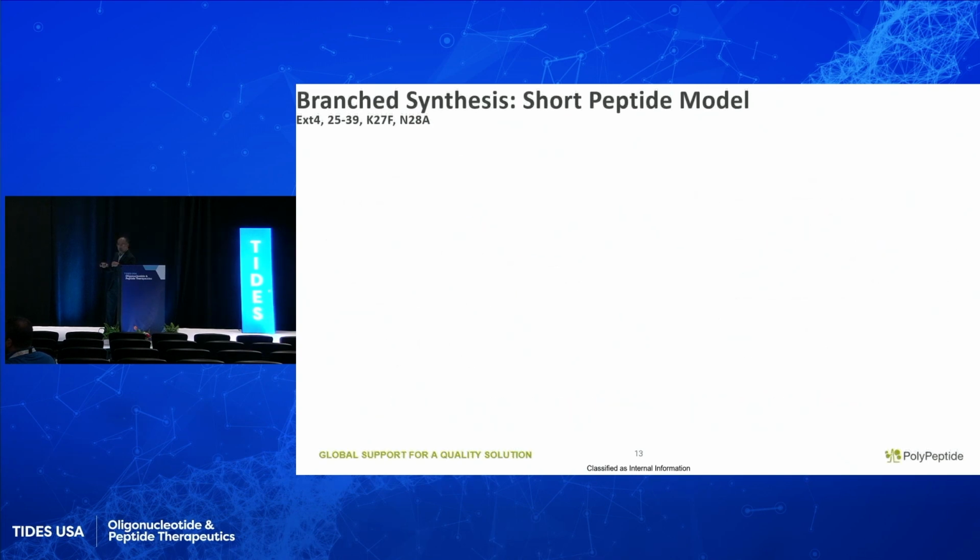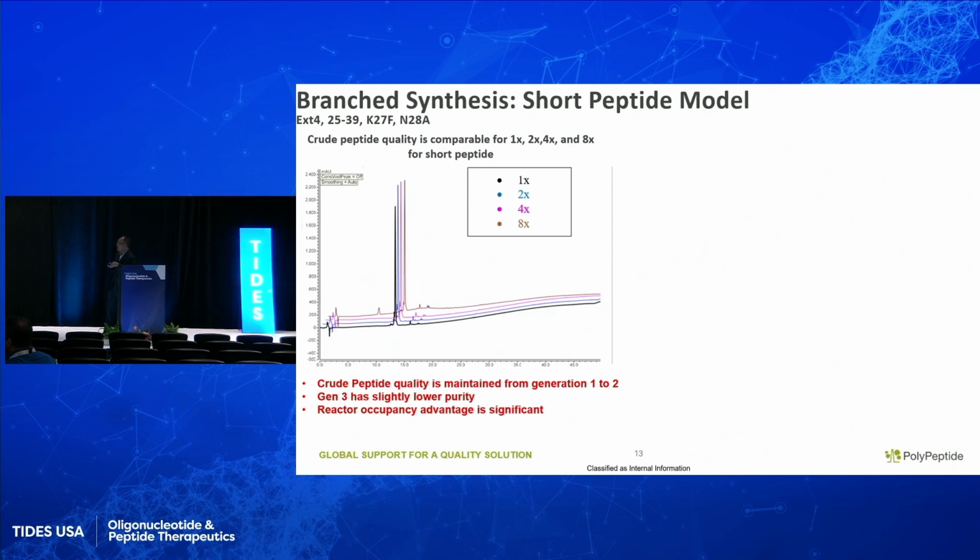Now let's look at what kind of quality. When we expand and build a peptide on this branch construct, are we going to have a lower quality peptide, lower purity? If you look at the graph, the black is the control 1x, and the expected purity is reasonable purity, what you expect from a normal synthesis of a 15 amino acid long peptide.